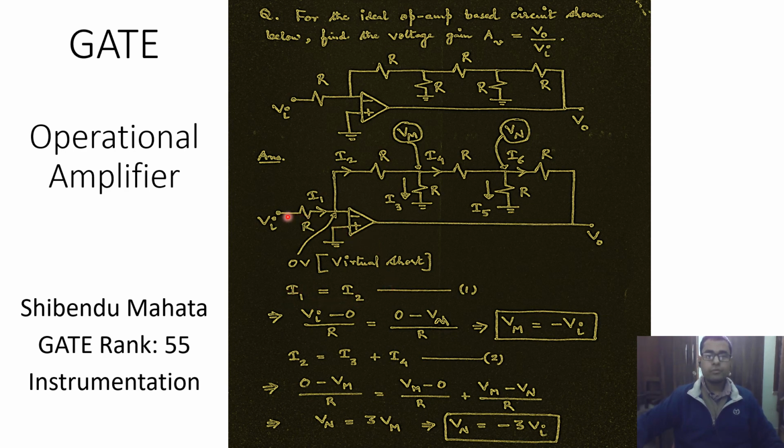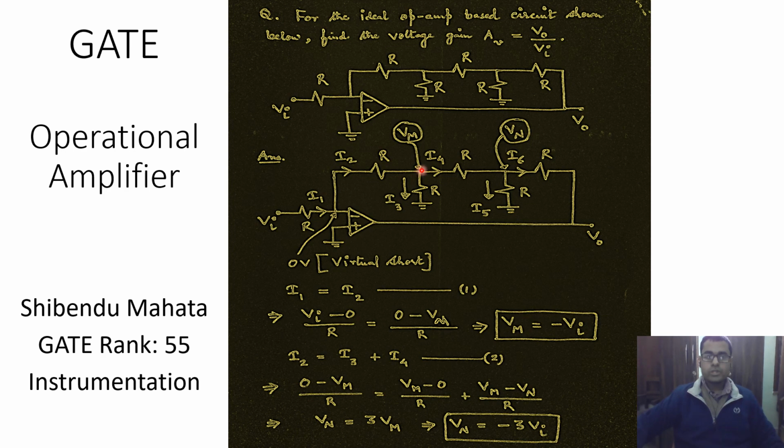We can formulate I1 as Vi minus 0 divided by R, and we can formulate the current I2 as voltage at this node, which is 0, minus the voltage at the other node, which is V sub m, divided by R. Proceeding with this little algebra, we find that Vm is equal to negative of Vi. So the voltage at this node is the inversion of the voltage at the input terminal.